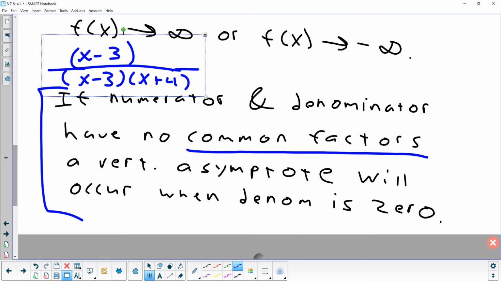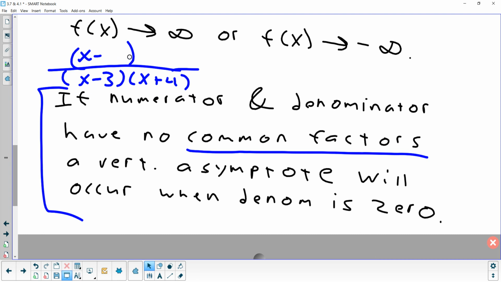Okay? If you have a common factor in the top and in the bottom, then you get a hole in the graph. You don't get a vertical asymptote. So if I did this, now I would say that there are vertical asymptotes at 3 and -4, because those are the zeros of the denominator.